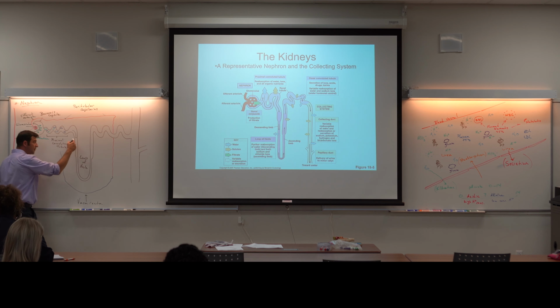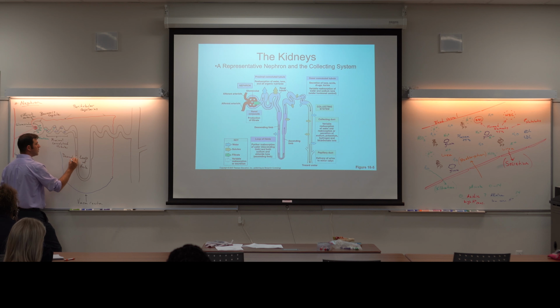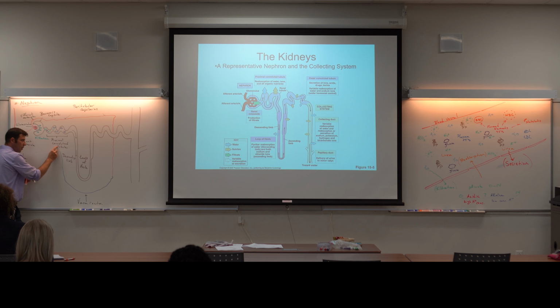To be clear, this descending limb of the loop of Henle comes first, so we'll label that descending limb. Any of the stuff that made its way into this proximal convoluted tubule that doesn't get pulled out is going to make its way down this loop of Henle.